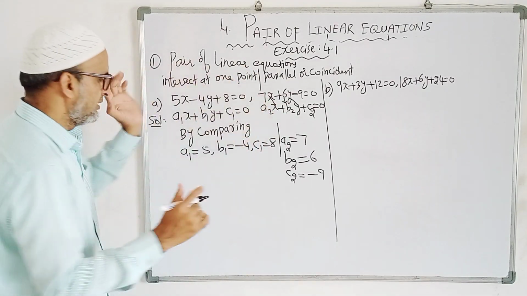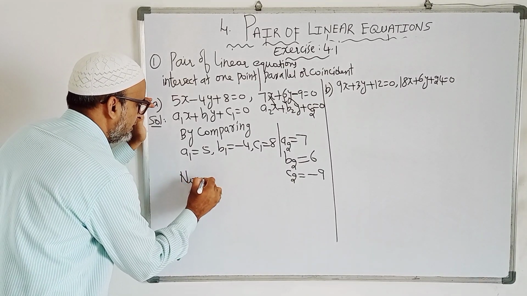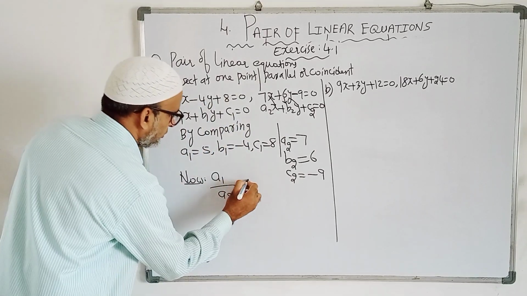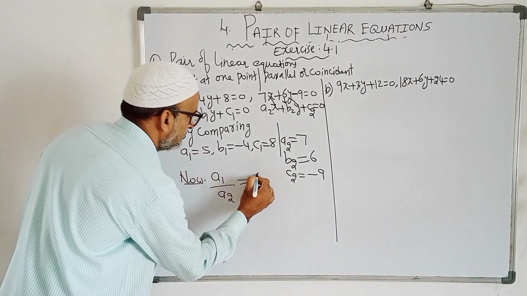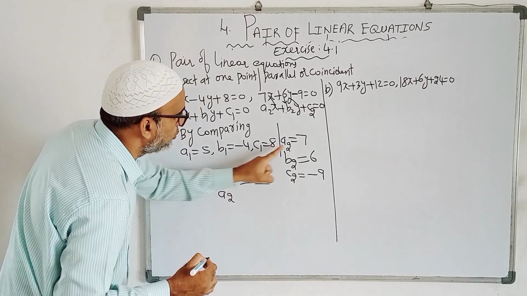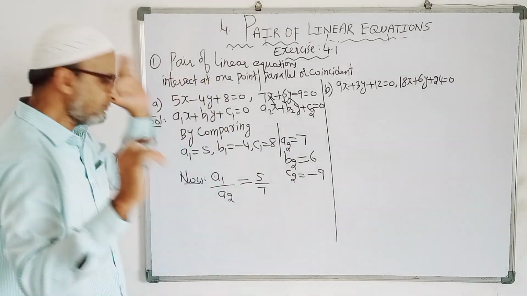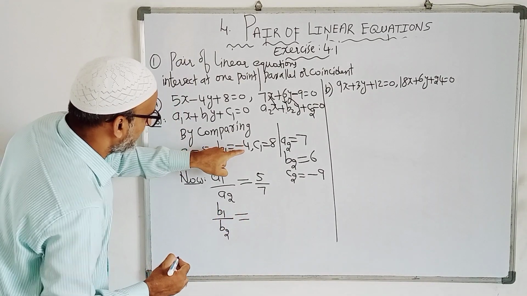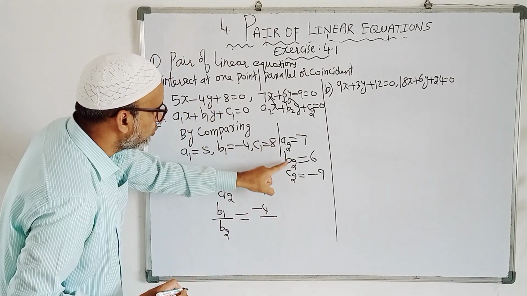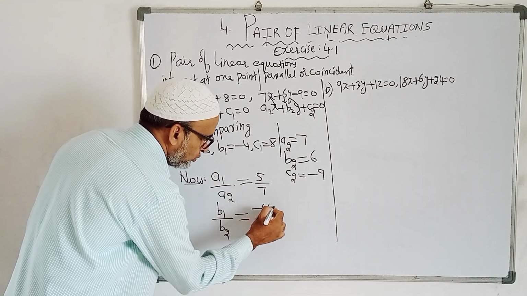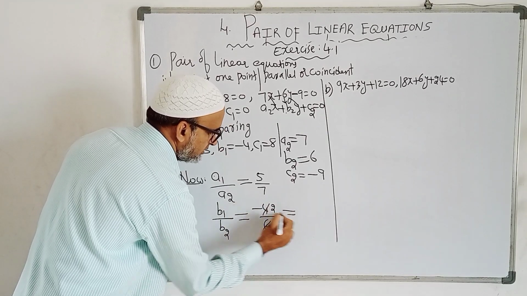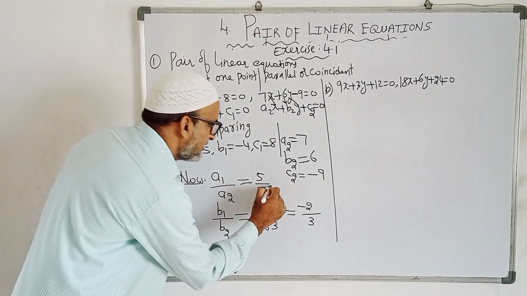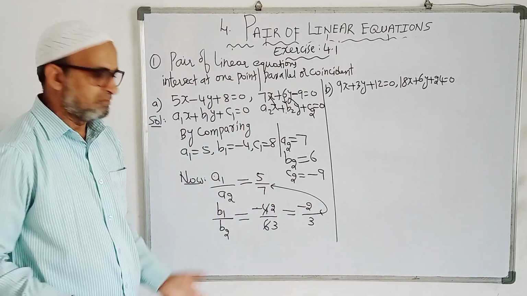Now what do you find? The ratios. A1 by A2 is equal to 5 by 7, stop. Next you go for B1 by B2, B1 minus 4 by B2 6, cancellation: 2 2s are 4, 2 3s are 6, is equal to minus 2 by 3. Now see these two answers, they are different.